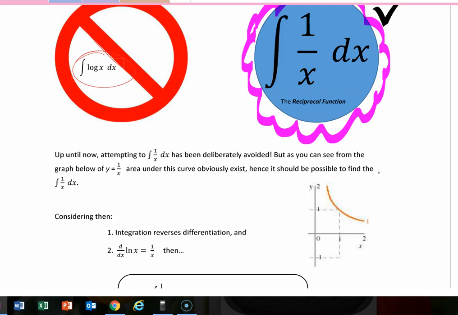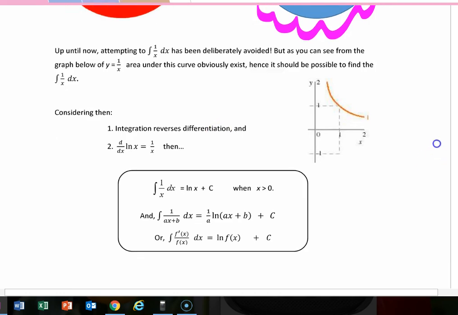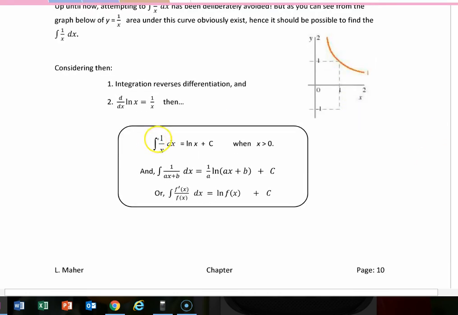So we can integrate it, and the integral is actually the log function. Remember, integration reverses differentiation. So if we've got straight out the integral of 1 on x with respect to x, it'll be log of x plus a constant. Easy, straightforward, must be learned.